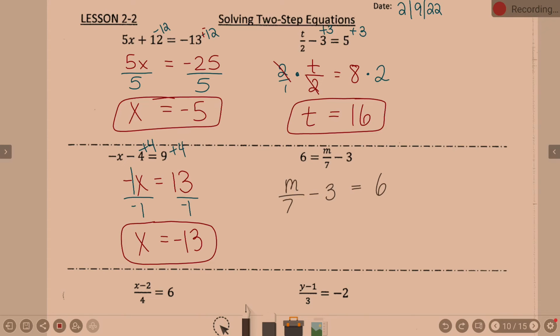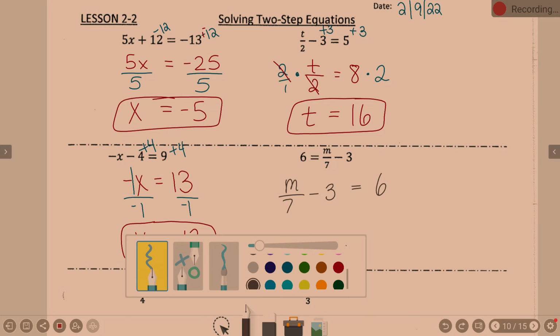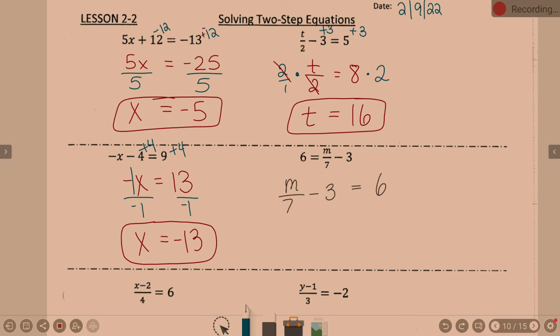Now, this is just like the one above it. If it's m over 7 minus 3, you just have to divide. If it's m divided by 7 minus 3, what's the last thing being done there? You add. The minus 3. Don't worry about the 7 yet. Deal with the minus 3. How do I deal with the minus 3?